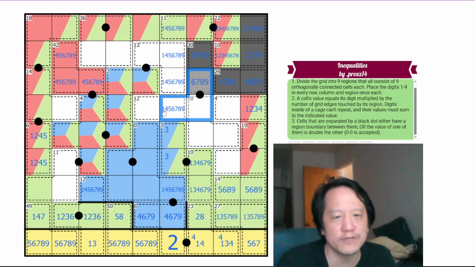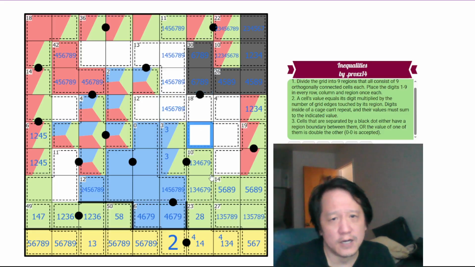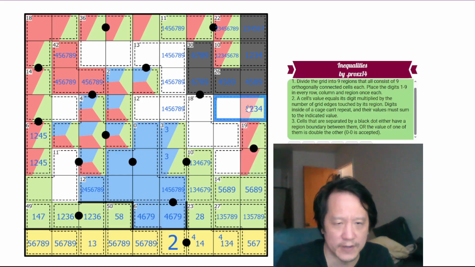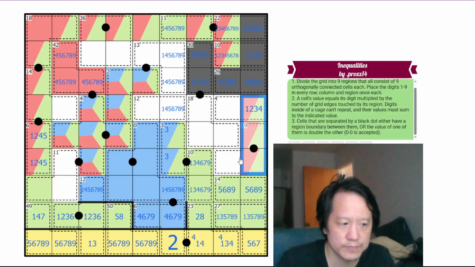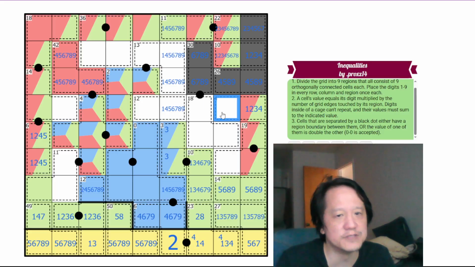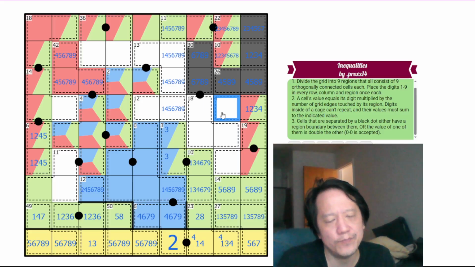We could have a double here. That is perfectly fine. Okay. We could have doubles here. That's fine also. This could be even 0, though. As I said, we could have 0 going here and then just a double 9 there.